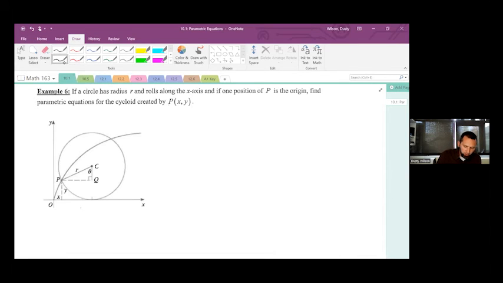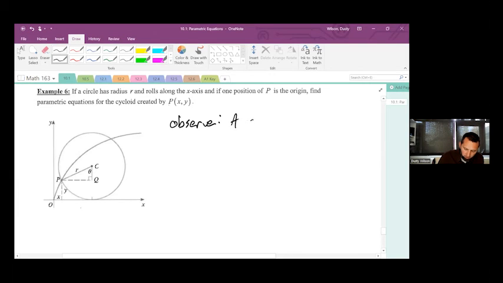So I want to start with an observation. Observe that if a circle of radius r rotates theta radians, then the total amount of arc length swept out would be r theta.